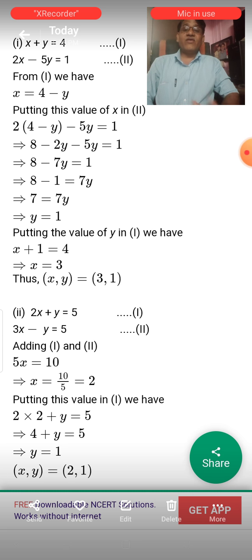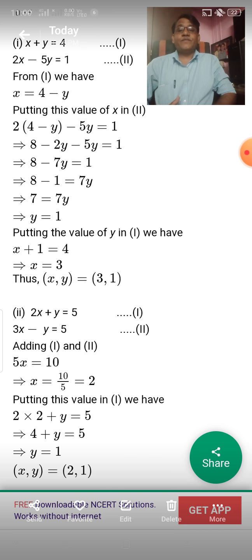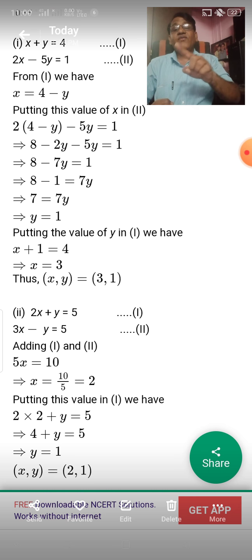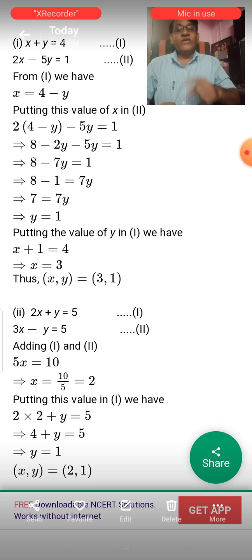So when we substitute this value of x in equation 2, see what equation 2 is: 2x minus 5y is equal to 1. Now 2 into, what is the value of x? The value of x is 4 minus y, and minus 5y is equal to 1. Where x is there, you substitute 4 minus y in equation 2.